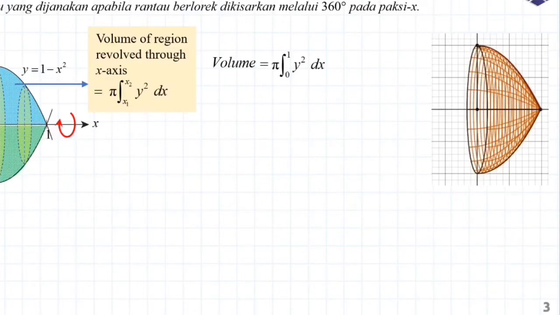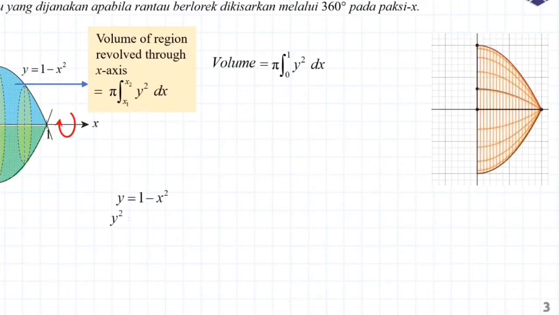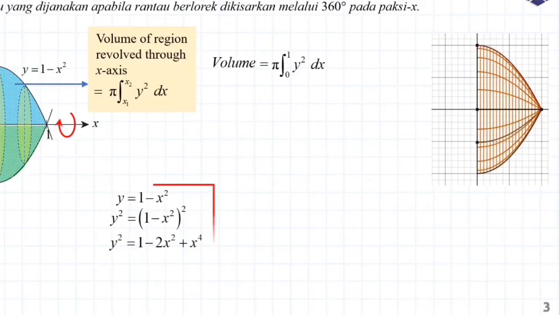So for y squared, we have to take the y and we square the y. So it's 1 minus x squared, the whole thing square. So either you want to use expansion or you want to use a shortcut, up to you. So volume is equal to pi, integrate from 0 to 1, 1, okay, you square the 1, you get 1.